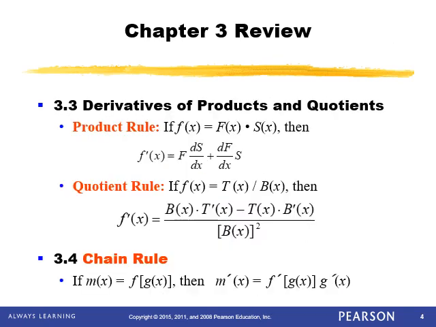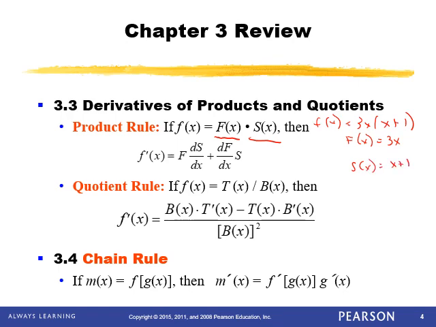All right, product rule. Okay, if you have this, F stands for first function, and S stands for second function. For example, if you have f of x is equal to 3x times x plus 1. Now you can multiply it all out, or you can just define 3x as your first function and your second function as x plus 1.